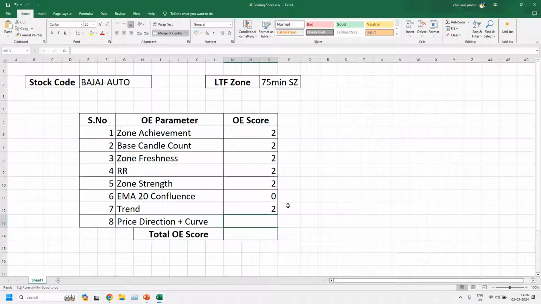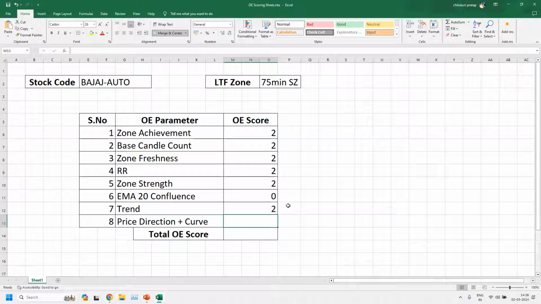And the next one is price direction plus curve. If you did not complete the price direction and decision matrix concepts, you will not be able to understand this. You have to complete those lessons. I have observed some of you did not complete those lessons.